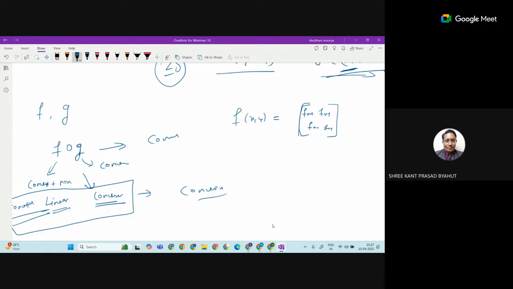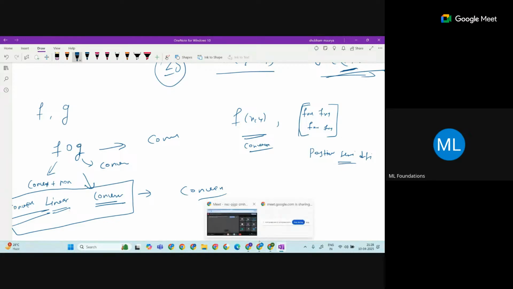The Hessian matrix will decide properly: if this matrix is positive semi-definite, then this function is convex.